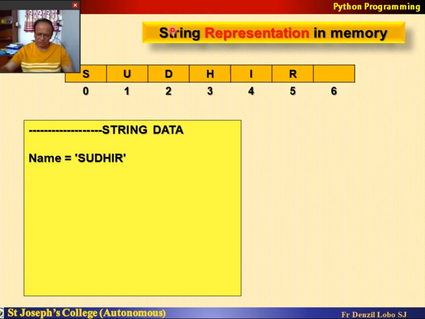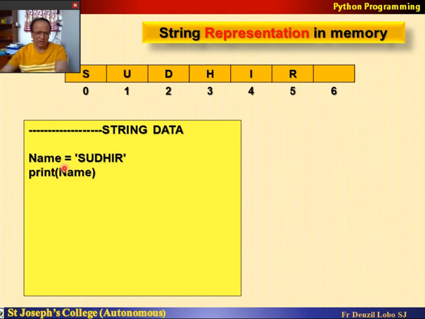As you have seen here, we can assign a string directly to a variable, which is not possible in C, where you have to use strcpy to copy a string to a variable. As you see here, S has index 0, U has 1, D has 2, H has 3, I has 4, and so on. Altogether it goes from 0 to 5.